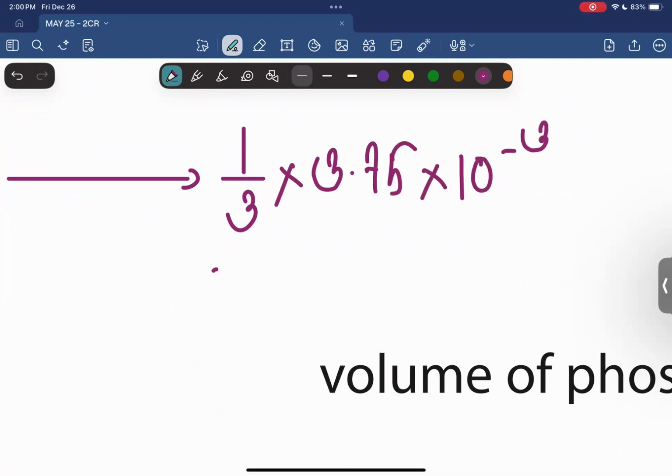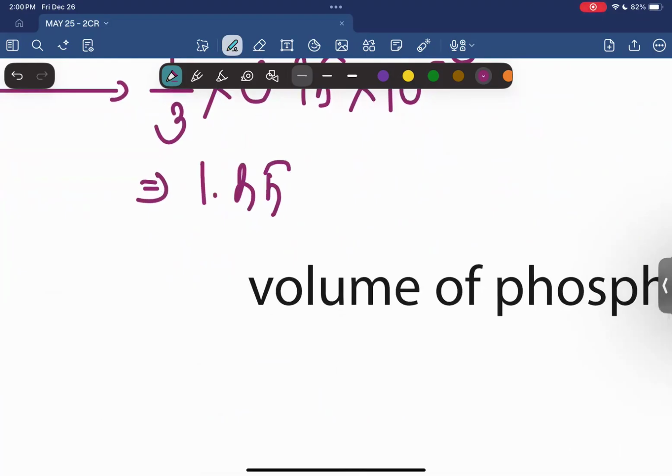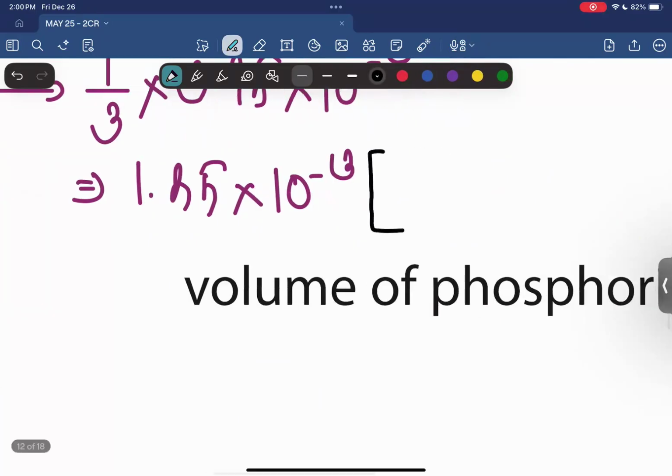So this should give you a value of 1.25 times 10 to the power minus 3, right? Now this is basically the moles of phosphoric acid.